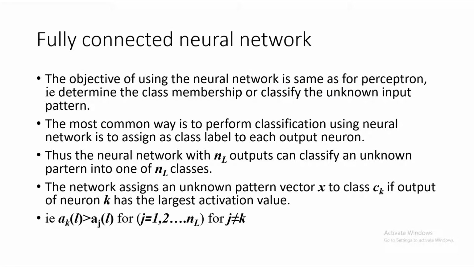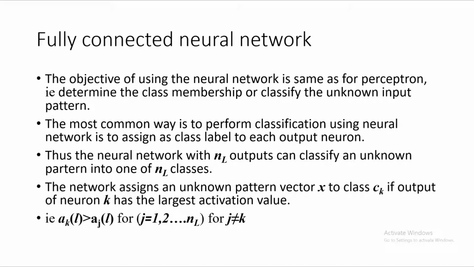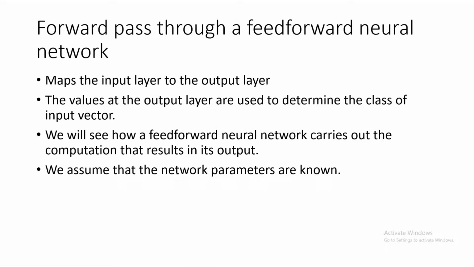And so let us see an example using the forward pass through a feed-forward neural network. Here we will see some example. The forward pass through a feed-forward neural network maps the input layer to the output layer, and the values at the output layer are used to determine the class of the input vector, as we have discussed before.